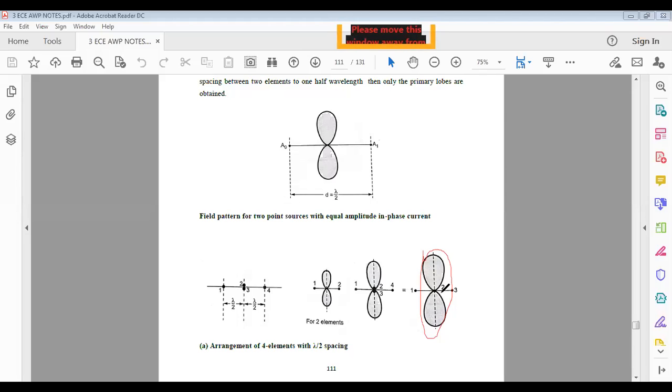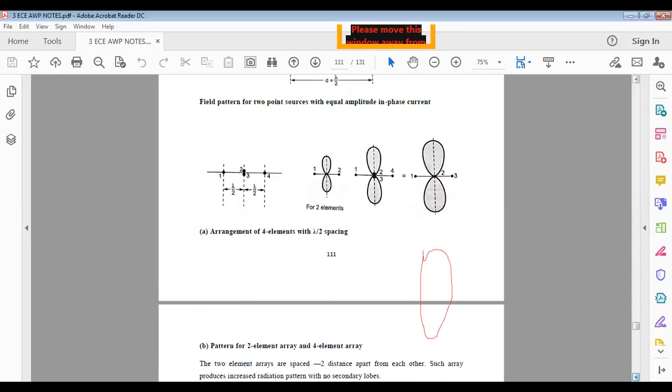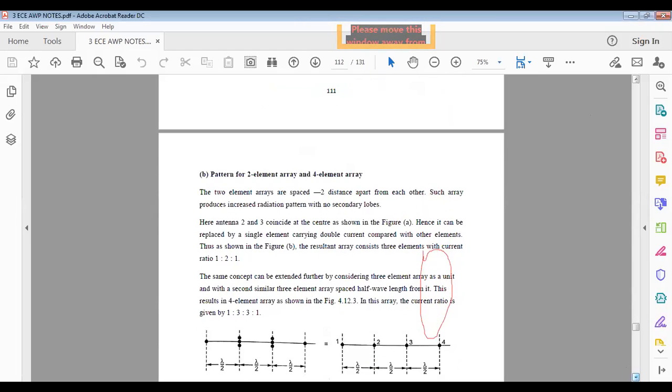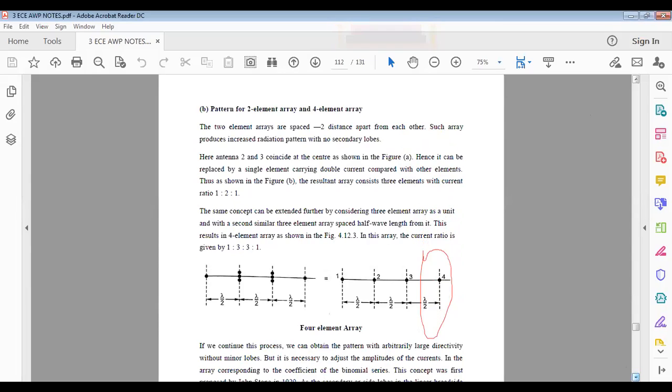See here, arrangement of four elements with lambda by 2 spacing. See here, pattern of 2 element array and 4 element array.